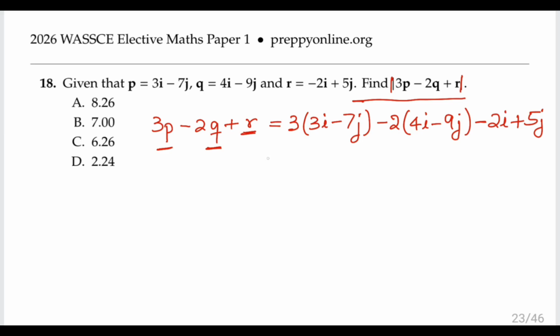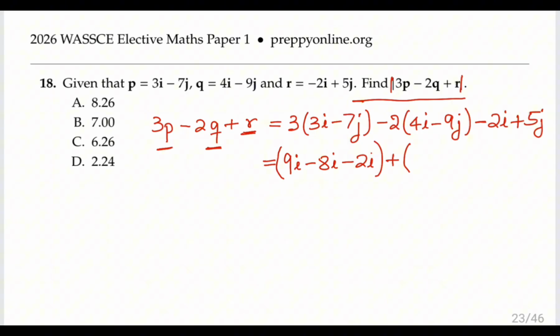All right, so let's see. We can try to put all the i's together and also put all the j's together. Here we're getting 3 times 3i, that's 9i. We get from here minus 2 times 4i, that's minus 8i. And then here we get minus 2i. So this puts the i's together.